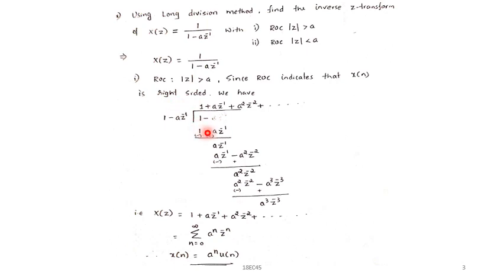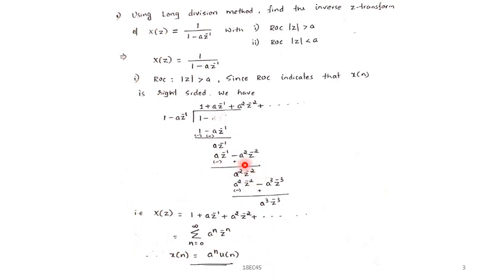You get 1 minus a z inverse, minus plus, so this gets cancelled and you get a z inverse. For the second term I take a z inverse and multiply it by the divisor, giving a z inverse minus a square z to the power minus 2. Again minus plus, so this gets cancelled and you get a square z to the power minus 2.